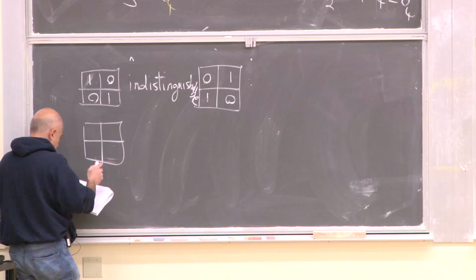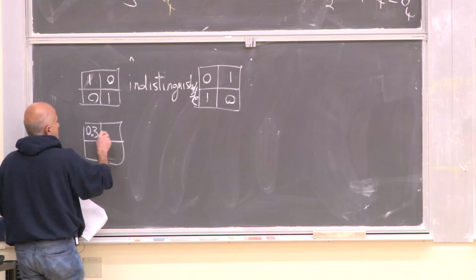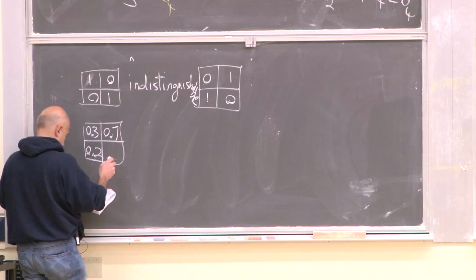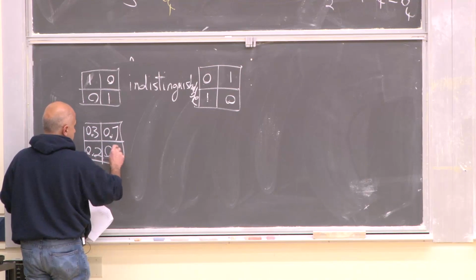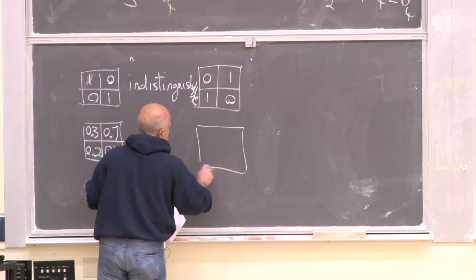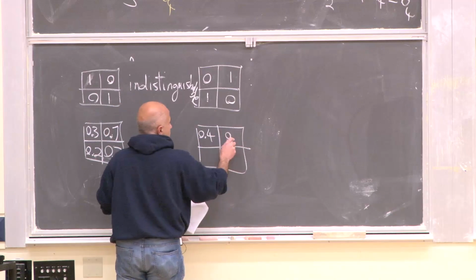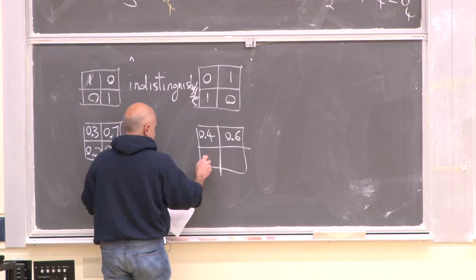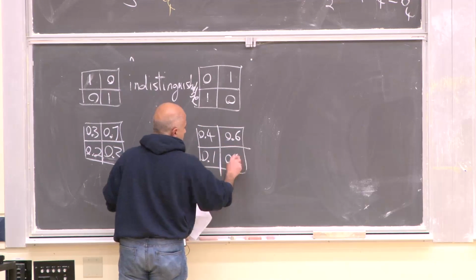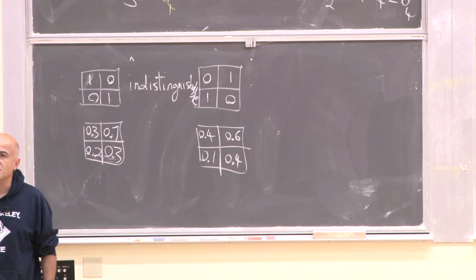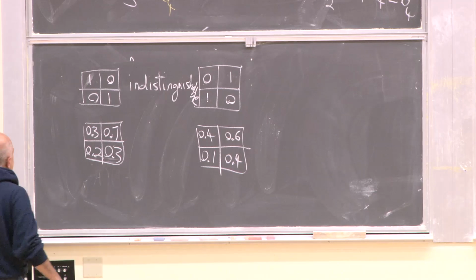For example, 0.3, 0.7, 0.2, 0.3, and let's see, 0.4, 0.6, 0.1, 0.4. And you can cook up an infinity of such configurations that are indistinguishable.